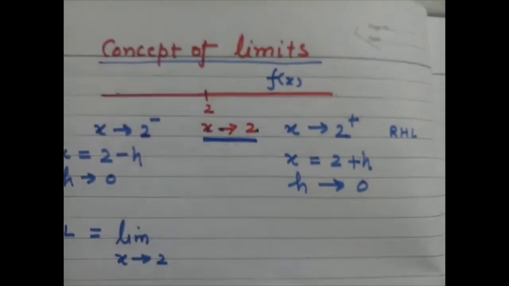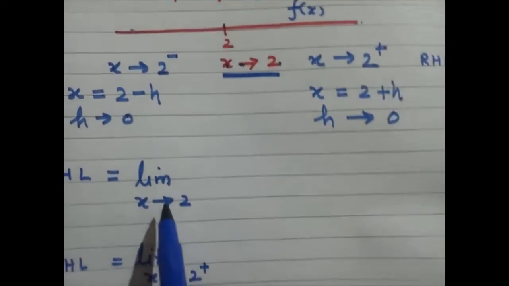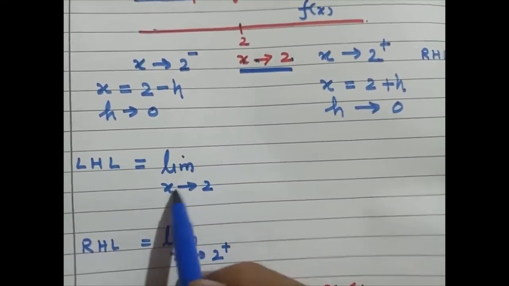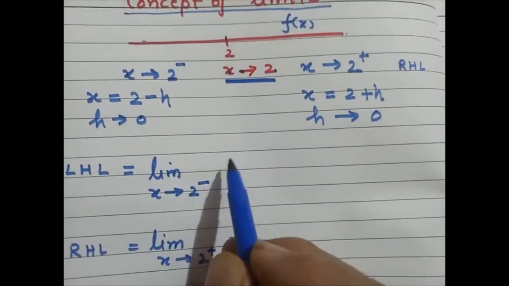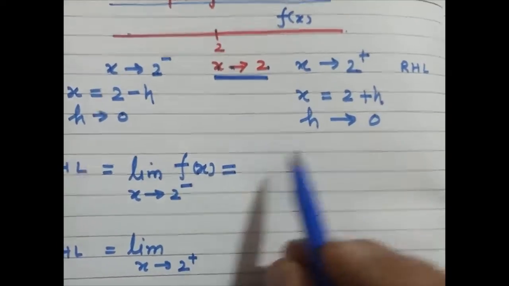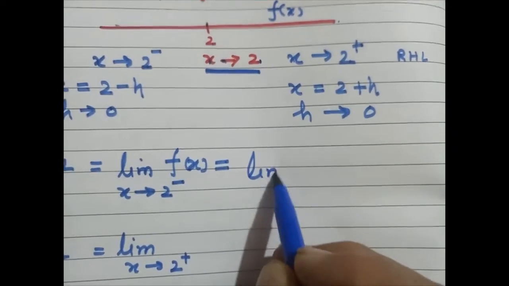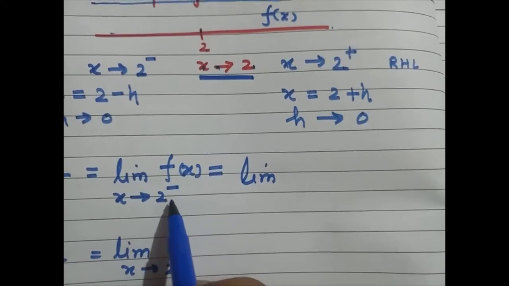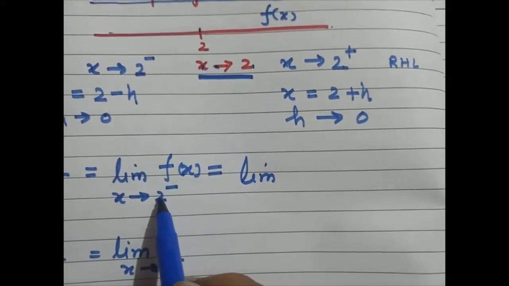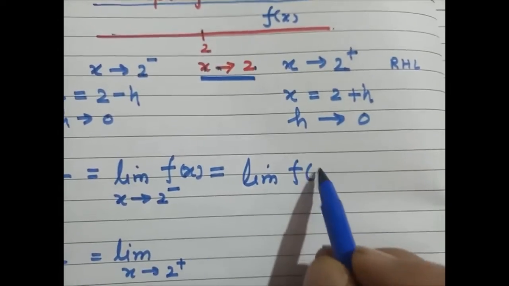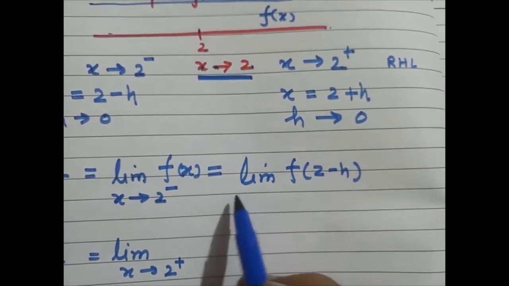So what we have here, when we find the left hand limit, we write limit x tends to 2 minus, and the function is here. In the next step, we suppose the value of x is 2 minus h, which is less than 2, so we put 2 minus h, and it becomes f of 2 minus h.